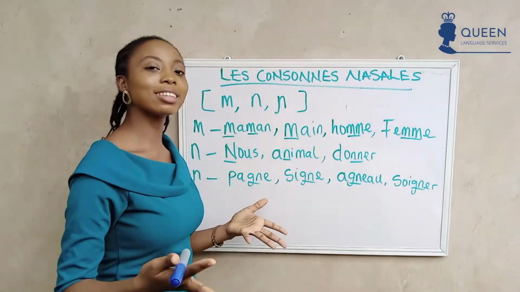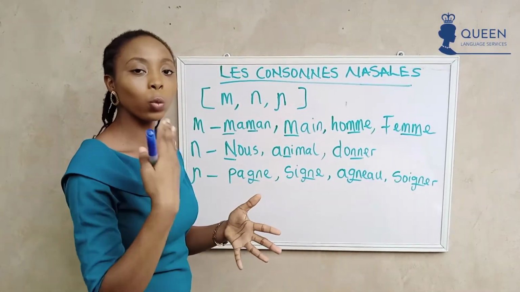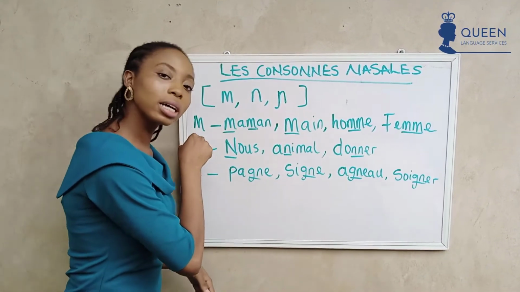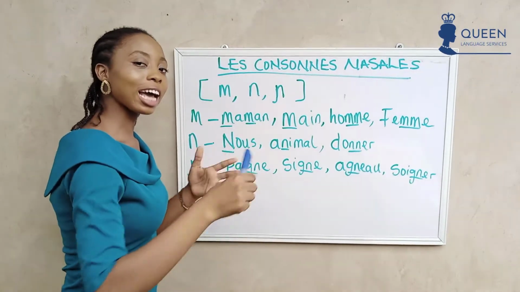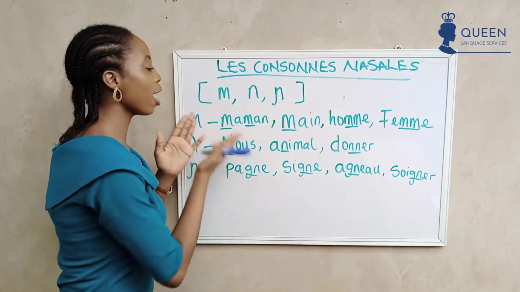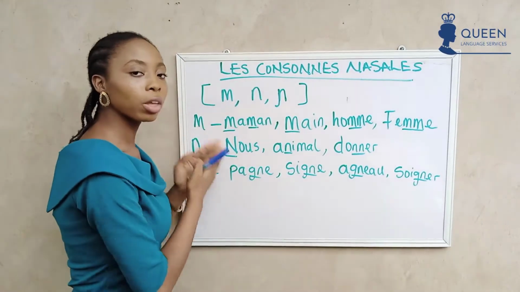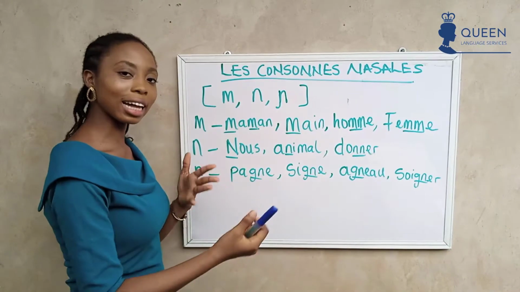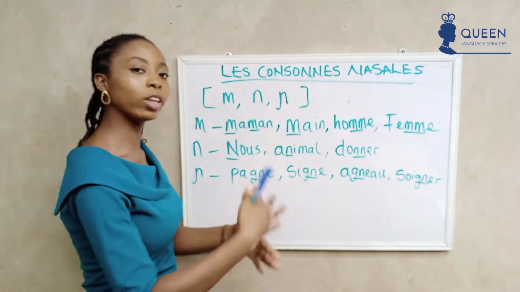So let's look at how they function in words. We have the M from our French alphabet, which we looked at in my previous video. We say this is letter M, but it gives the sound m, m, m. Let's look at how they are used in words.